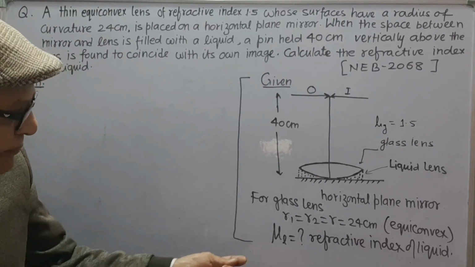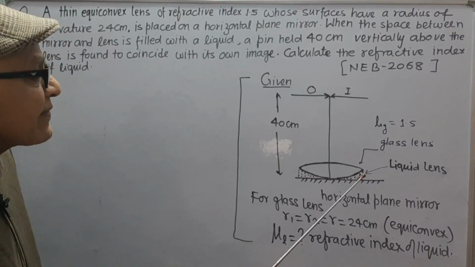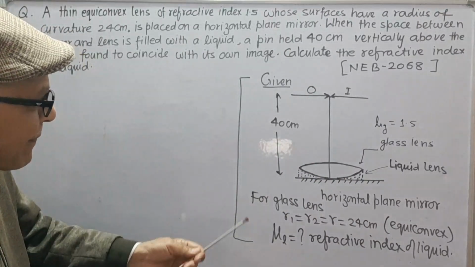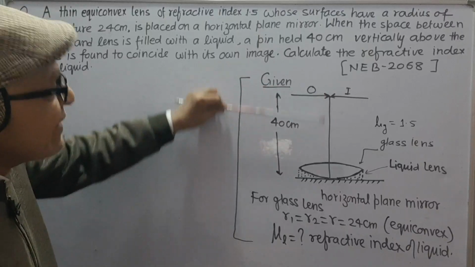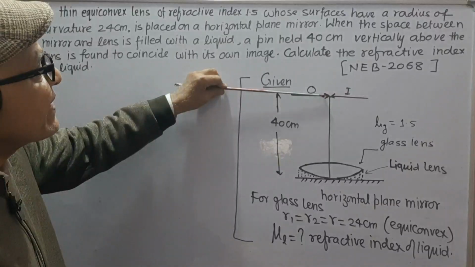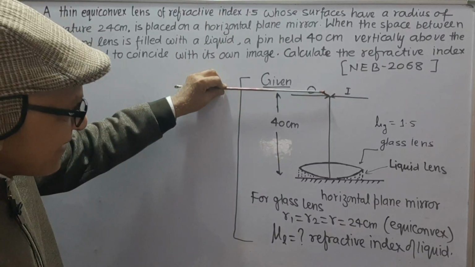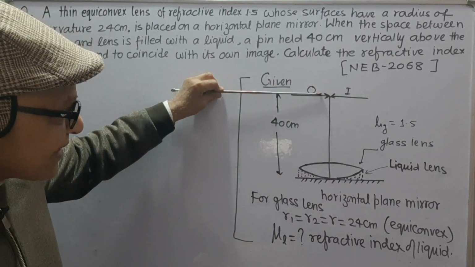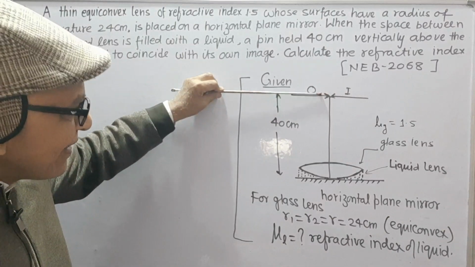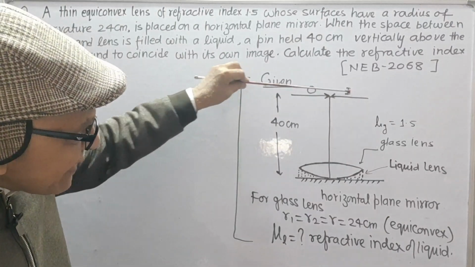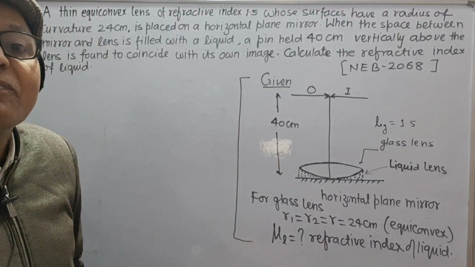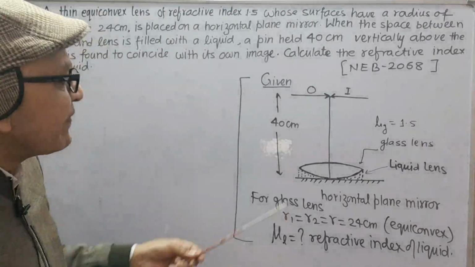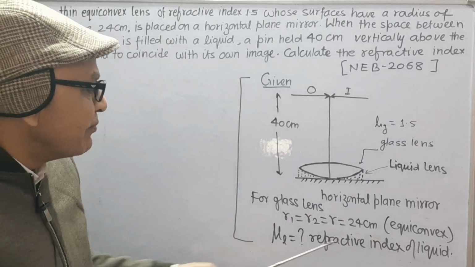The space between mirror and lens is filled with a liquid and a pin held vertically upwards at 40 cm above the lens is found to coincide with its own image. Means when object is placed at this height, then its image is formed at the same height. Then we have to find the refractive index of liquid, mu L.